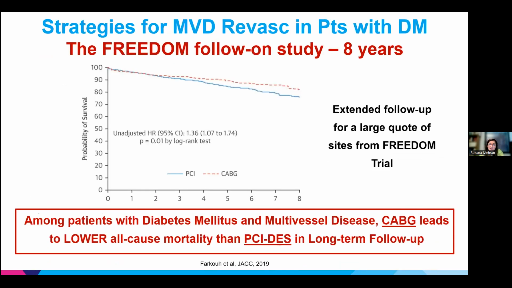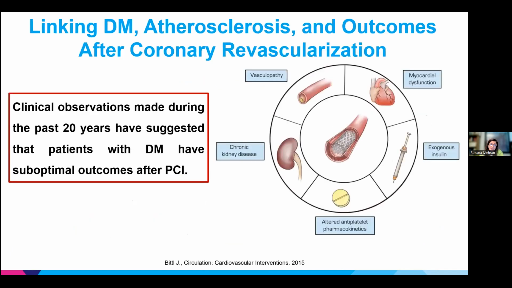In fact, we have now follow-up studies with FREEDOM still showing a benefit of CABG in terms of probability of survival. Very important to see that these patients with multivessel disease, CABG lowered the all-cause mortality compared to first-generation drug-eluting stents.